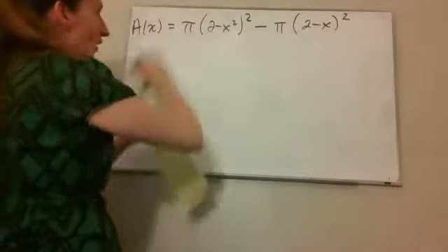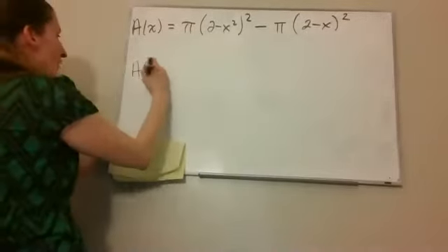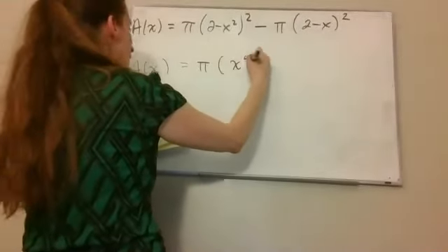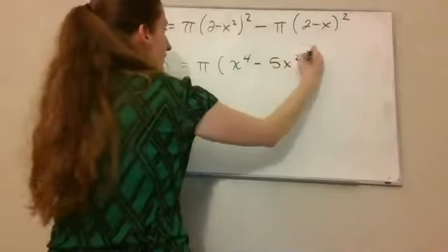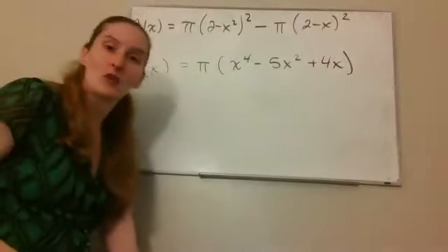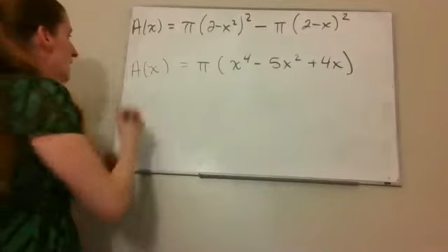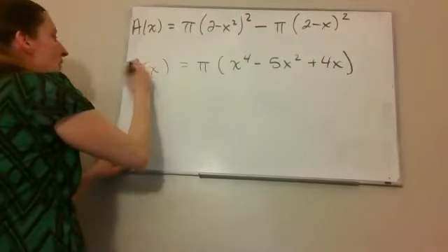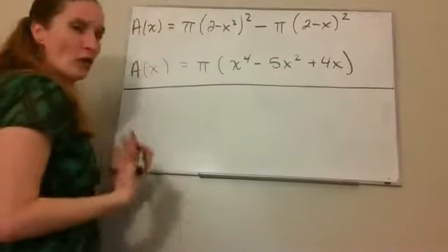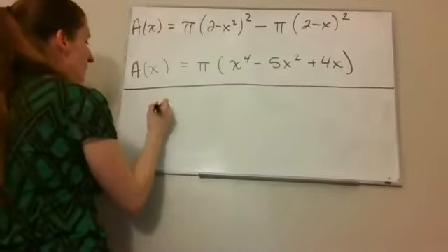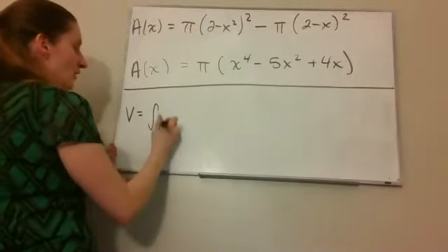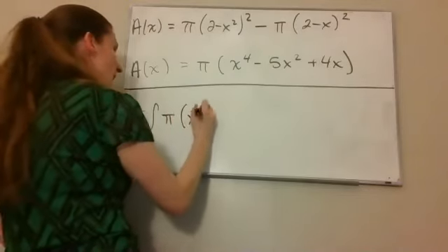And if you distribute everything, this simplifies to pi times x to the 4th minus 5x squared plus 4x. Go ahead and check that if you want to check all your algebra skills. This is the function that we are going to integrate to find the volume of that strange bowl that does not have a bottom. My volume is the integral of this area.